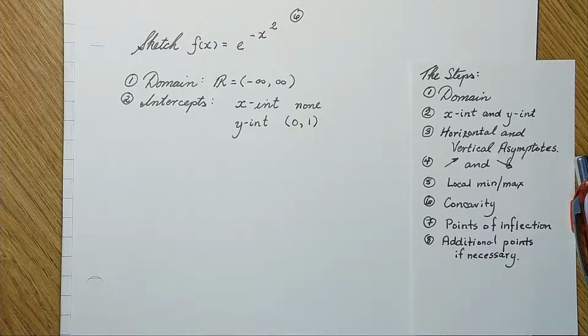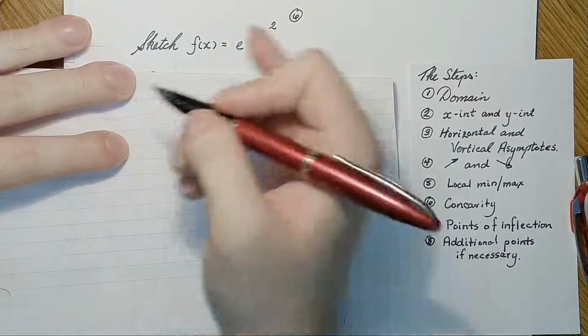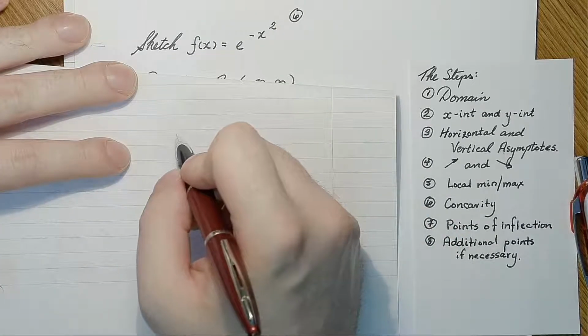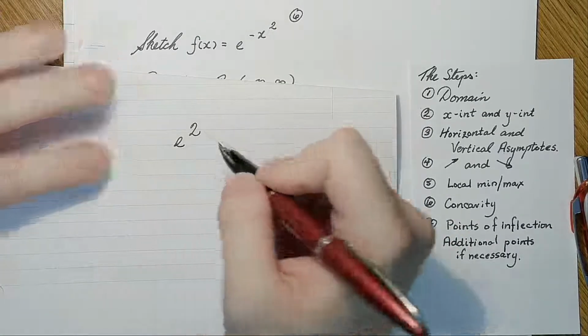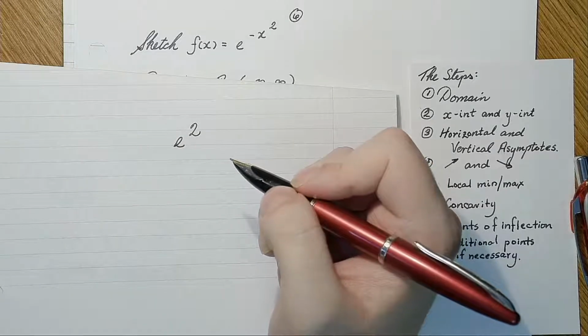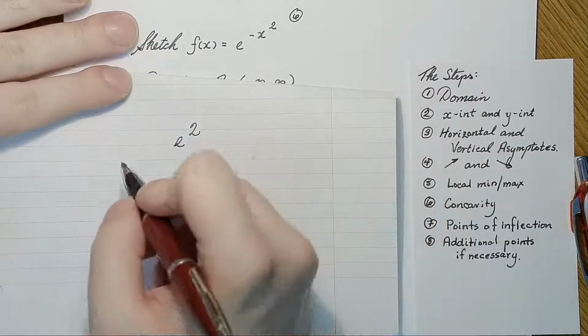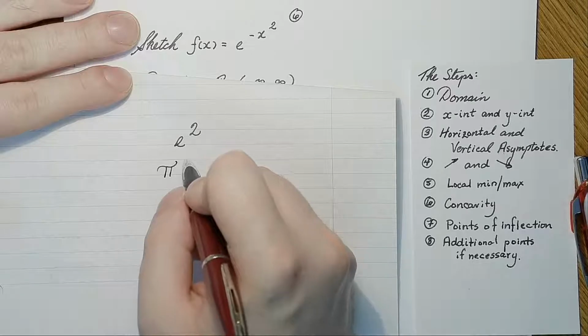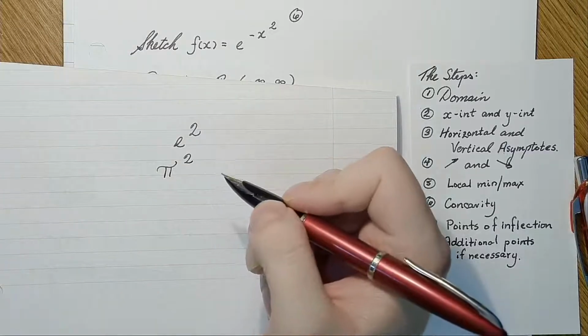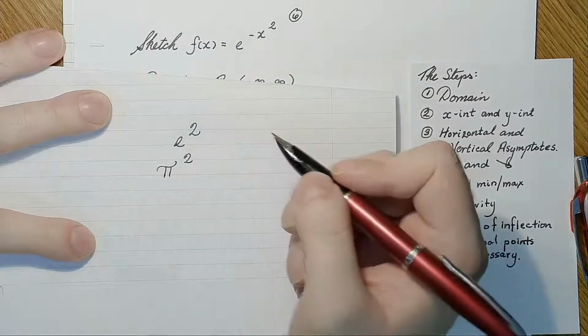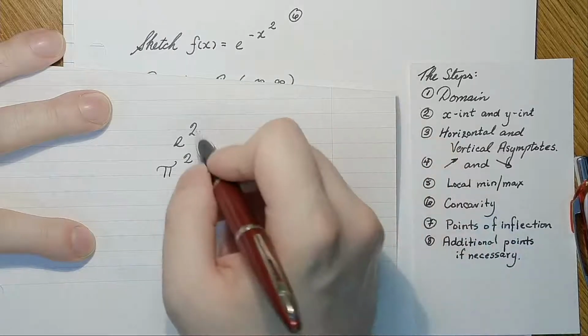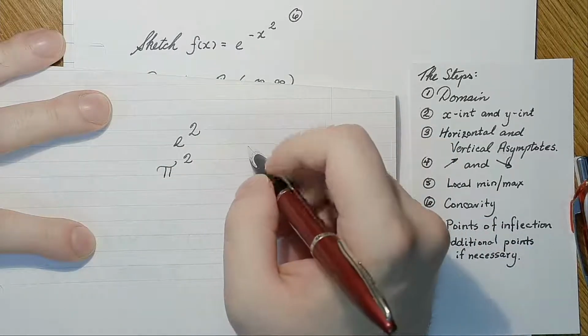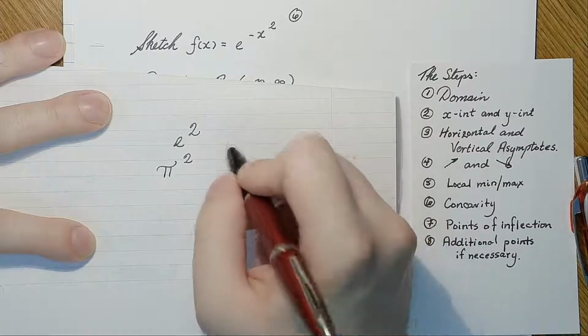For a test where we won't have access to a calculator, how are we supposed to compute various values of e? In a test setting, if you wrote something like e to the 2, that's perfectly fine. That's a number that I can accept. We don't expect you to tell me what the number for pi squared is either. So if you're writing something like e to the 2, we're okay with that.